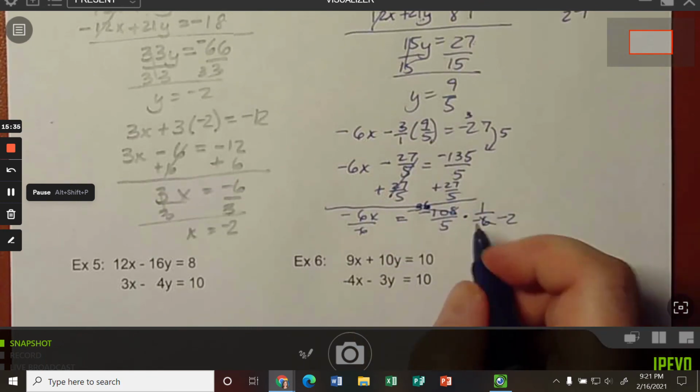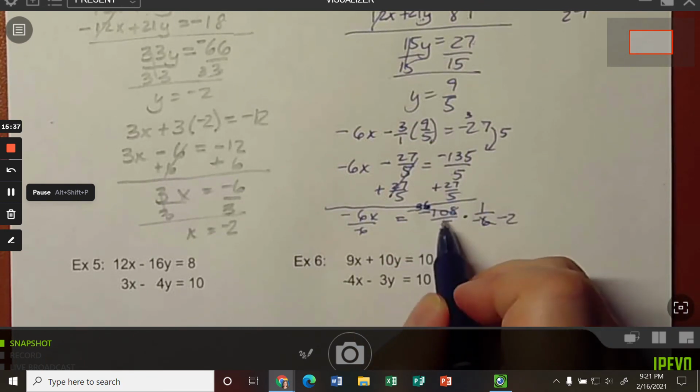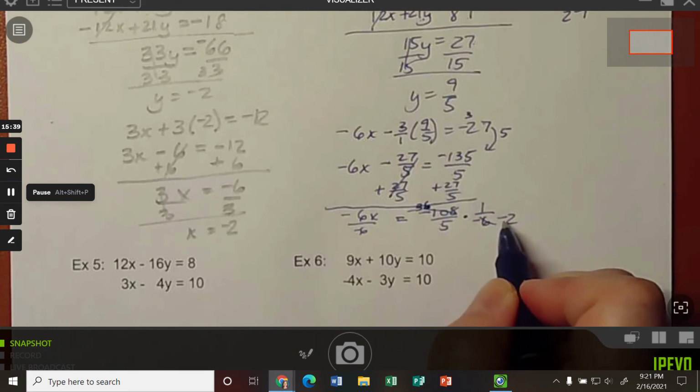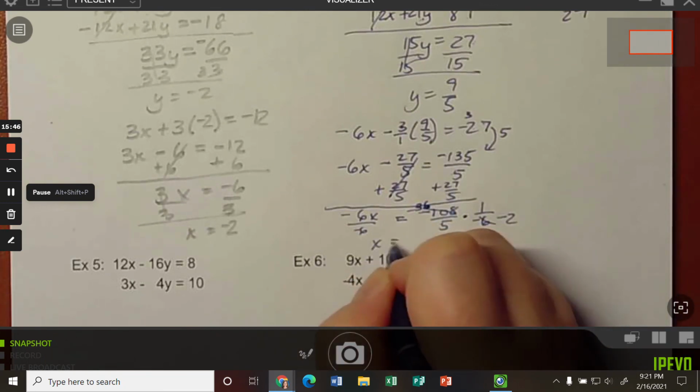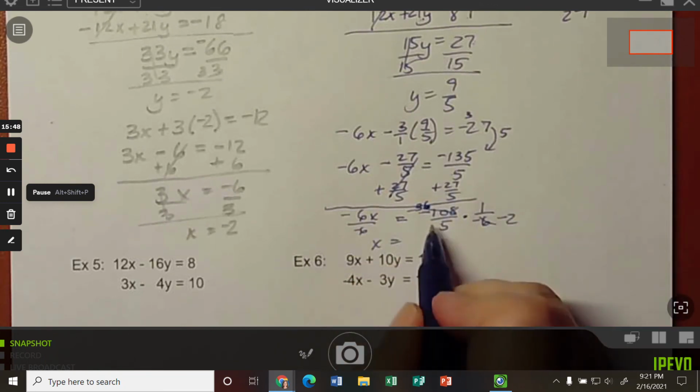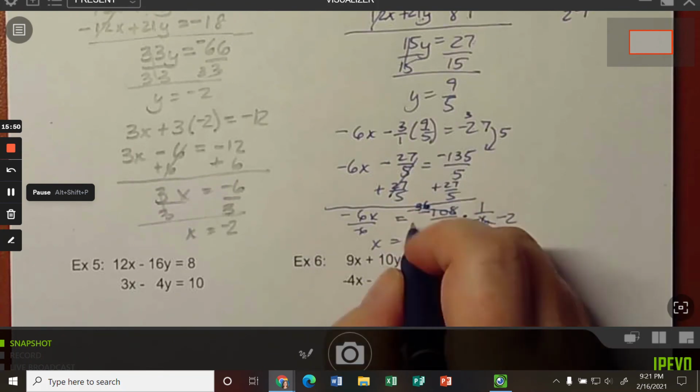And so that'll give me x equals negative 36 tenths, negative 36 over negative 10. So x equals 3.6 because this is 36 tenths, okay?